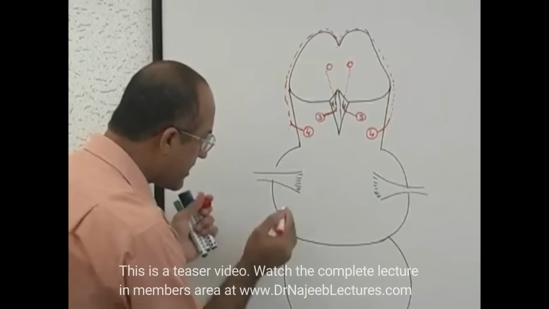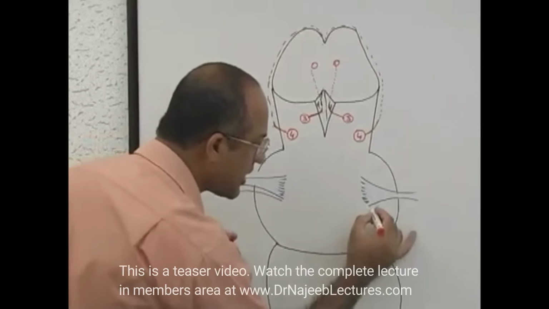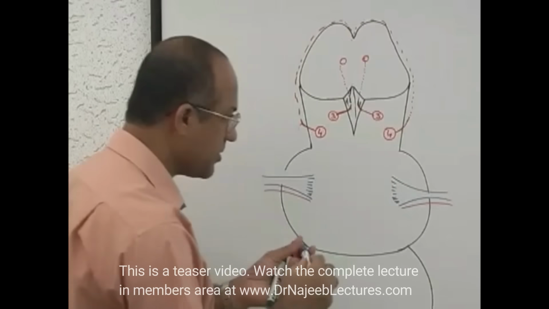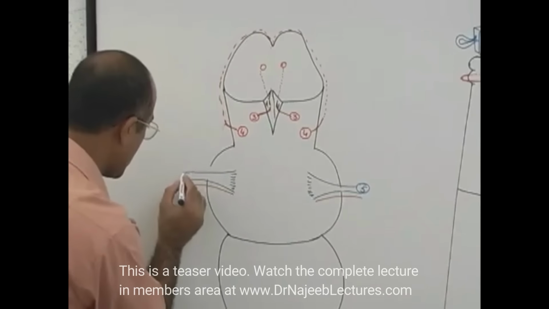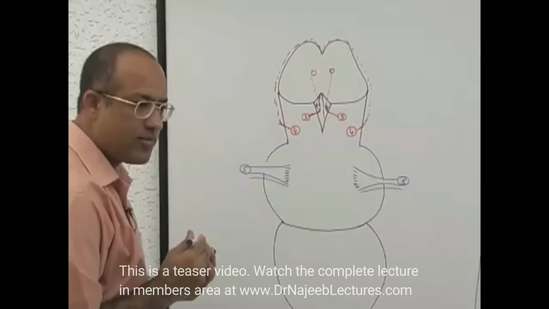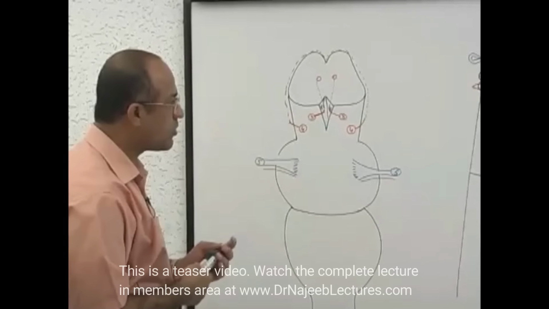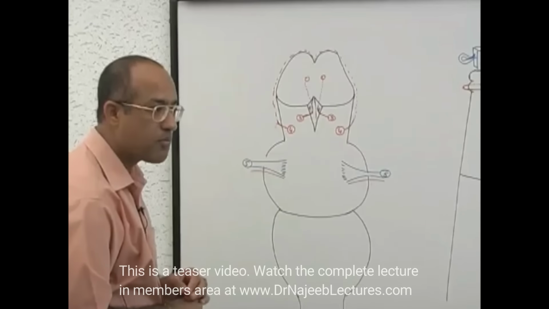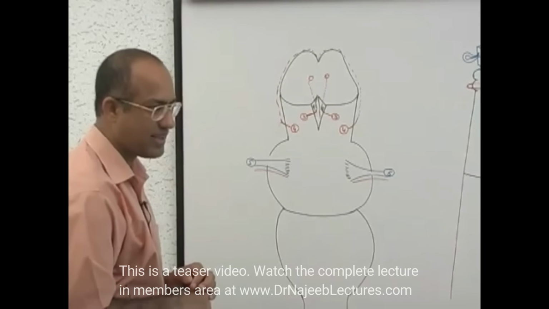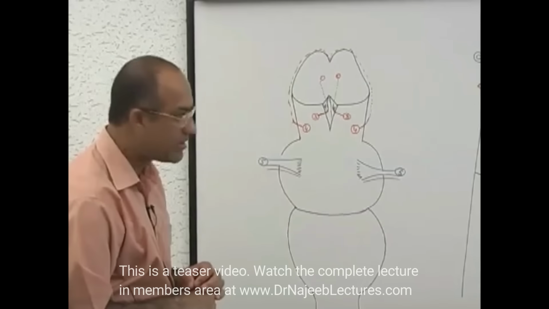Sensory. And with that, what are these fibers coming? Fifth cranial nerve motor fibers coming, right? Clear? So if someone asks where the fifth cranial nerve is attached to the brainstem, you will say with the pons, anterolateral area. It exits out, right?